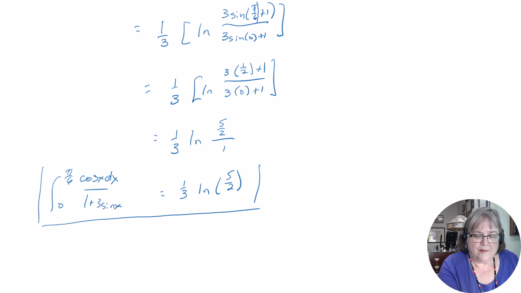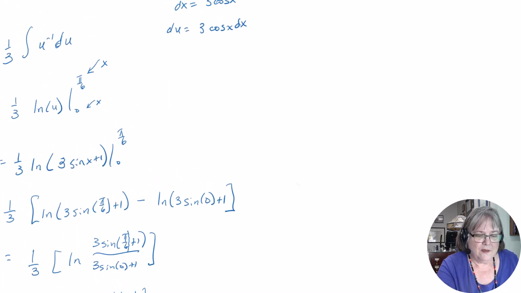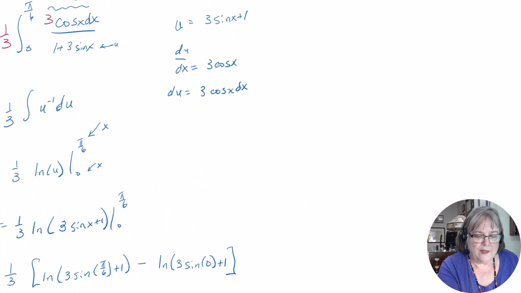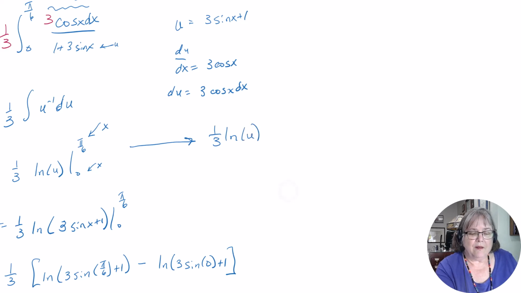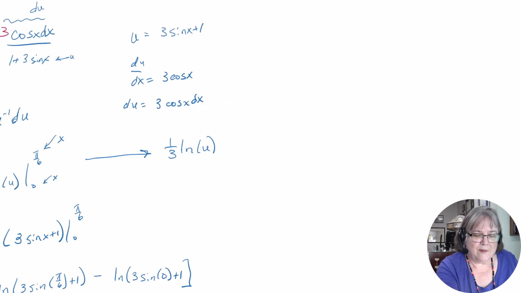Now, keep in mind what we just did. Let's go back up here. So right here, where we had 1/3 natural log of u, we couldn't utilize the pi over 6 in the u because that's an x, and we needed to know the other thing. So I'm going to squeeze this into the space right here.